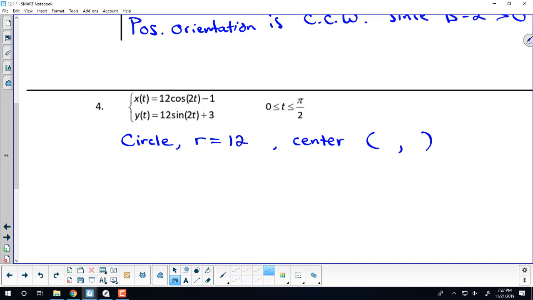It's 12. What's the center? -1, 3. Positive orientation, counterclockwise. Counterclockwise again.